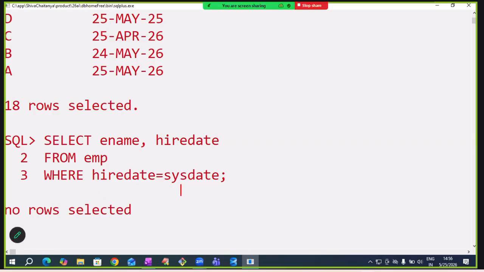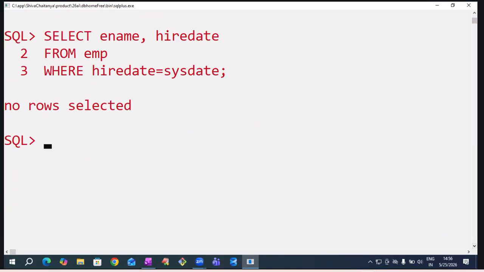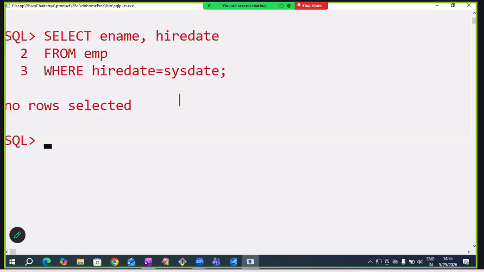So the hire date column has which value? If you write hire date equals to sysdate, what happens? In the EMP table, on 25th May 26, I inserted a record at 2:53 p.m. But sysdate means it takes the current system date and time.